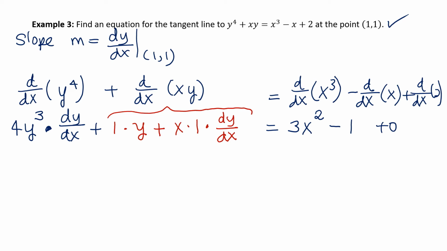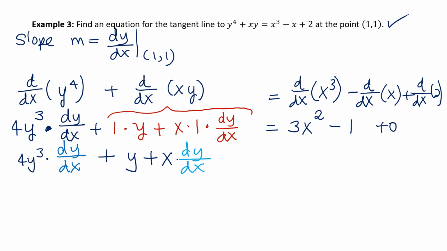From here, our task becomes algebraic. So I will have 4y cubed times dy/dx plus y plus x times dy/dx is equal to 3x squared minus 1. We need to isolate the dy/dx.